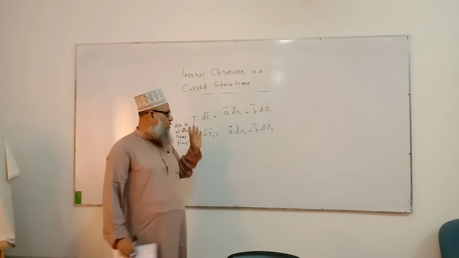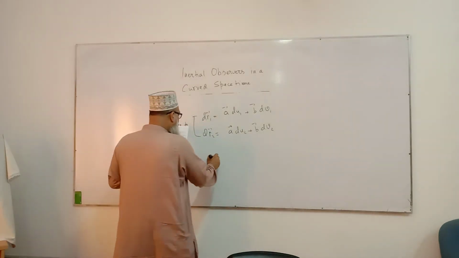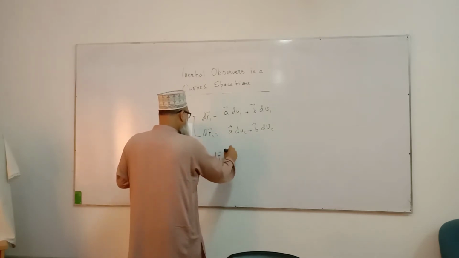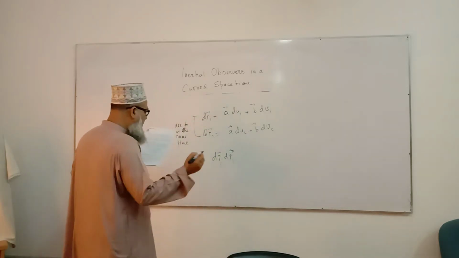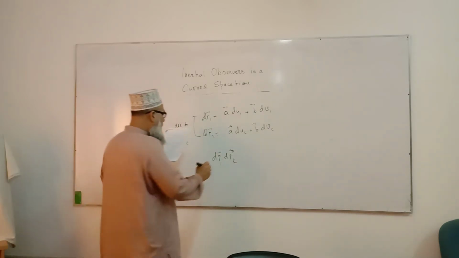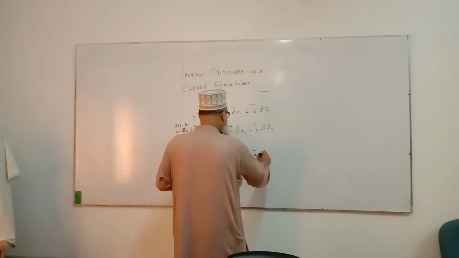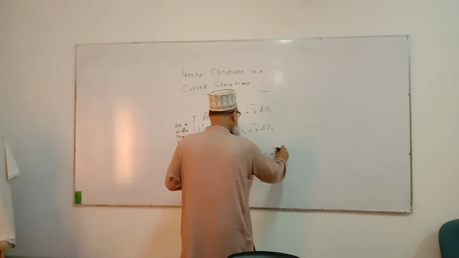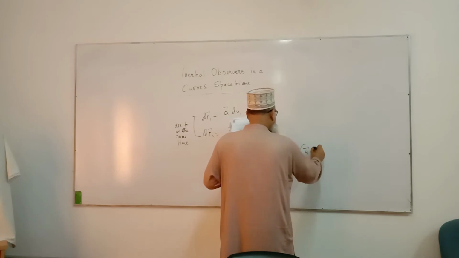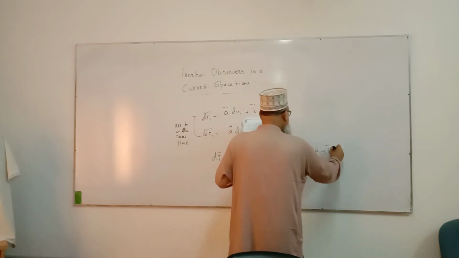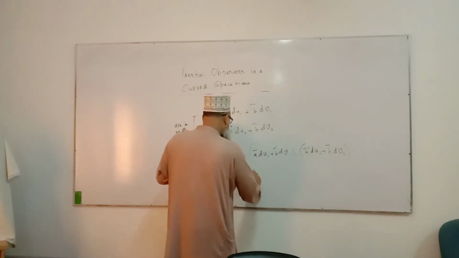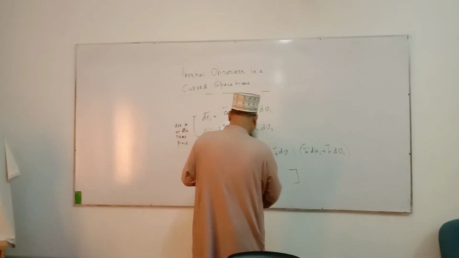Right? So now if we take the scalar product of this, which gives a scalar result, dr1 dot dr2, you can write this as a du1 plus b dv1 dot a du2 plus b dv2. I should not fill out all the calculation.